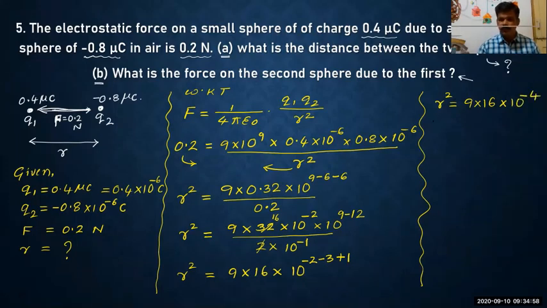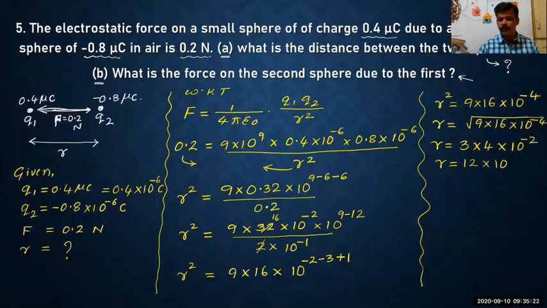Now you remove this square, then square root will come, 9 into 16 into 10 raised to minus 4. So R is equal to square root of 9 is 3, 16 is 4, into 10 raised to minus 4 is 10 raised to minus 2. Therefore, R is equal to 3 4s are 12 into 10 raised to minus 2, or R is equal to 0.12 meter. That is the distance of separation between the two charges.